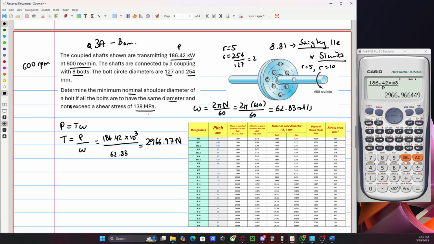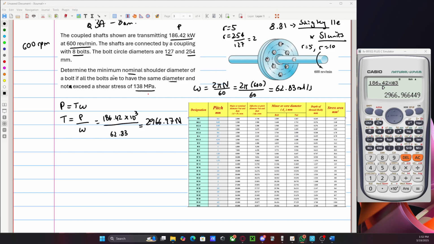Now I have the torque, and I have to work out the minimal nominal diameter of the bolts if all bolts are to have the same diameter. The way we do this is we need to work out that there are different forces acting. There is a force F at the bolts closer to the center, and another force F at the outer bolts. So first, let's define these things.